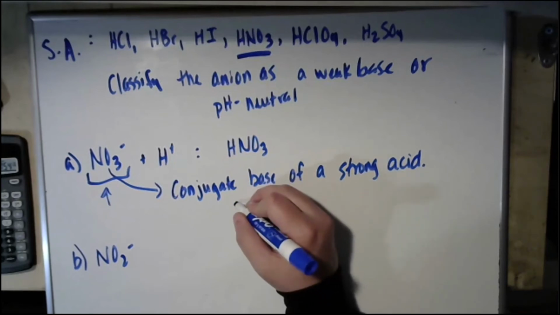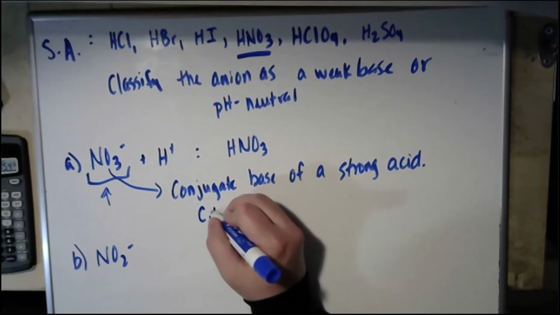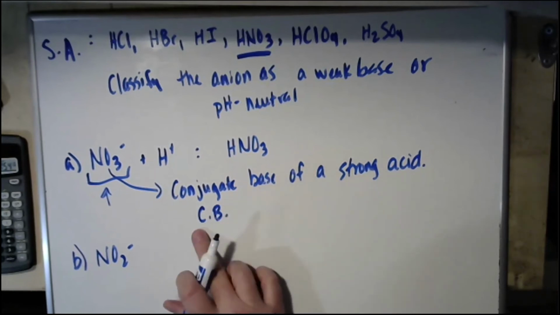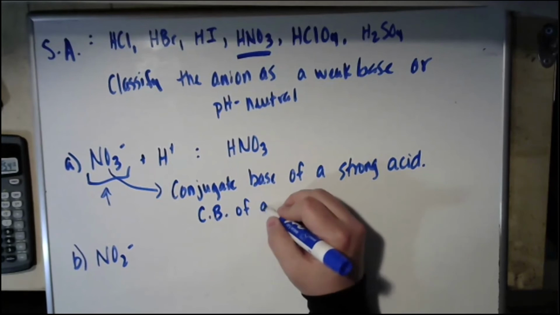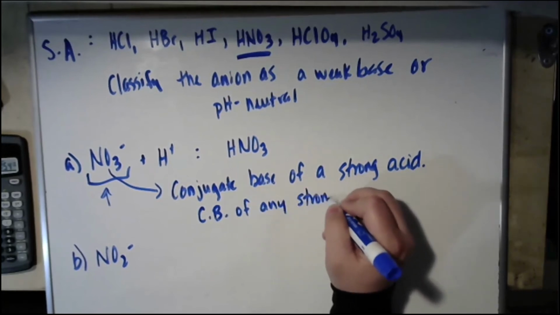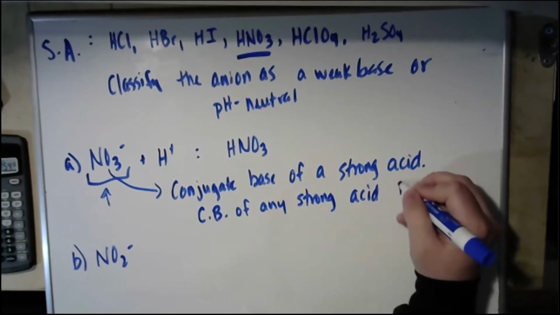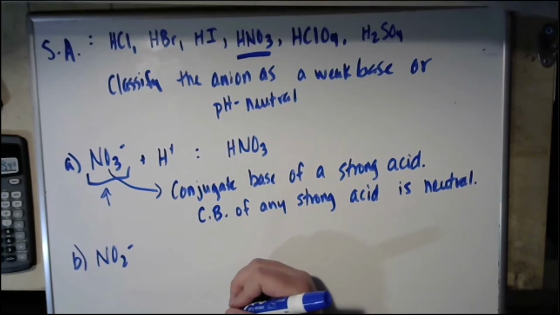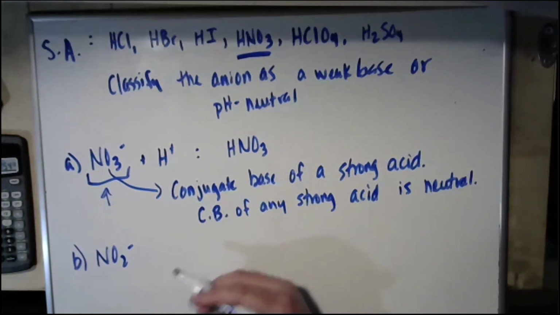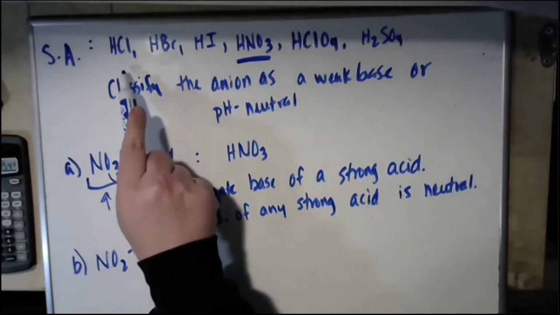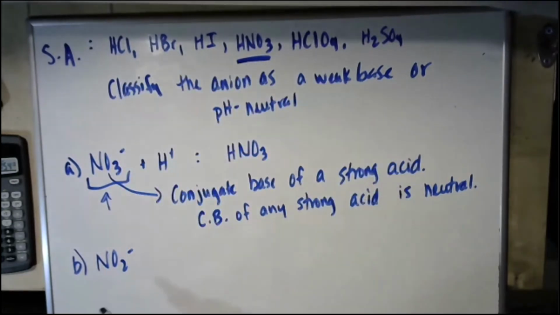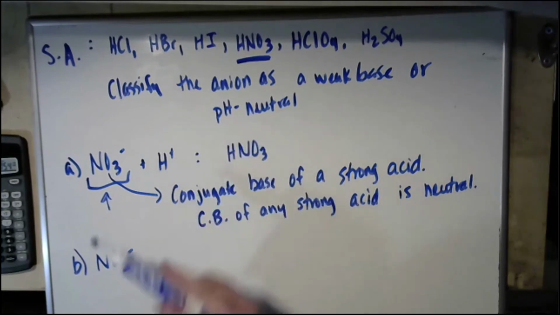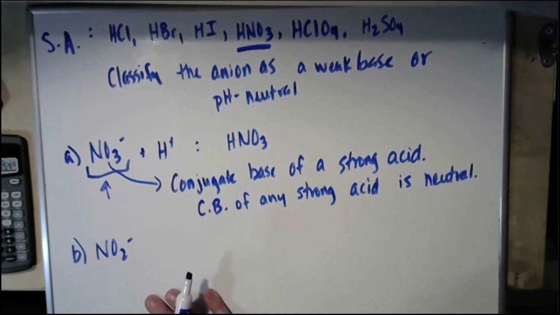The conjugate base, I'm going to abbreviate it as CB, of any strong acid is neutral. So if you want to think about it simply, there are only 6 anions that you have to know that would be considered pH neutral. The rest of them are going to have basic tendencies.